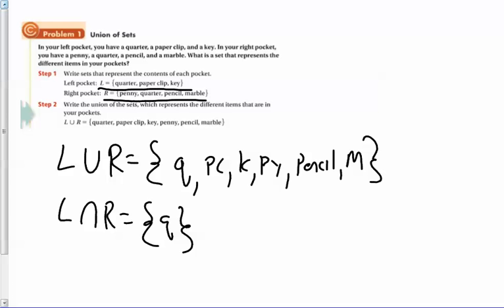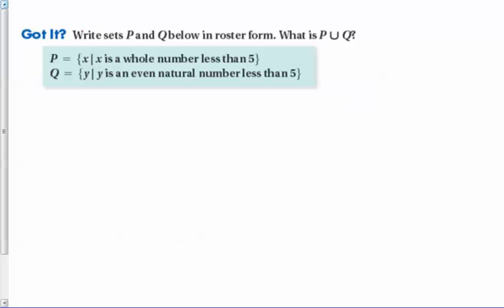Okay, you have a got it. In fact, I think we're going to try to do the got it together. Write sets P and Q below in roster form. P such that x is a whole number less than 5. A whole number less than 5 would be 1, 2, 3, 4.